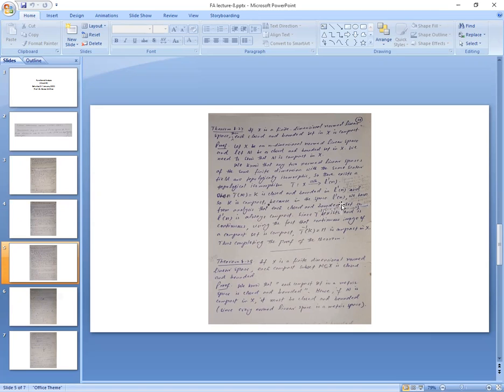And this will also be bounded. Why? Because we have one result in real analysis which says that each closed and bounded set in L1n is always compact.